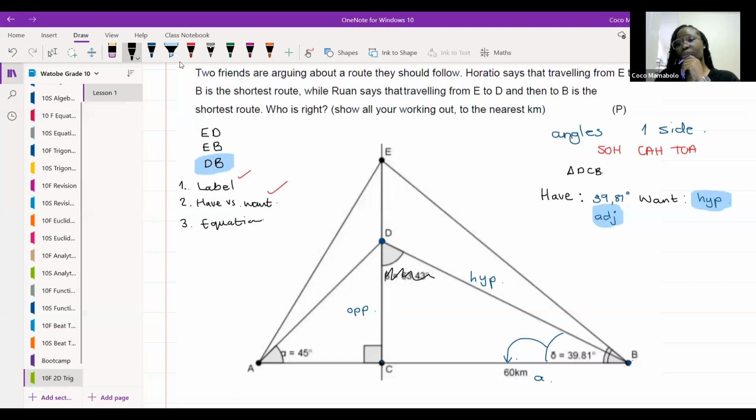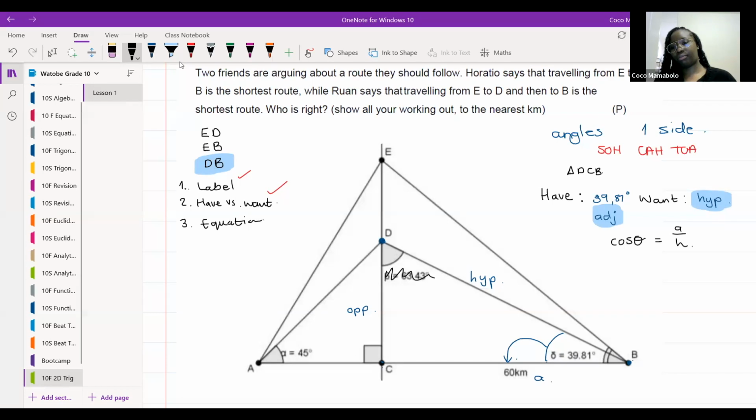What are we actually looking for? Which ratio are we going to use now? We're going to be using cos. So cosine. Good. Cos of theta is equal to adjacent over hypotenuse. Good. All right, let's go for it. Give me my equation.